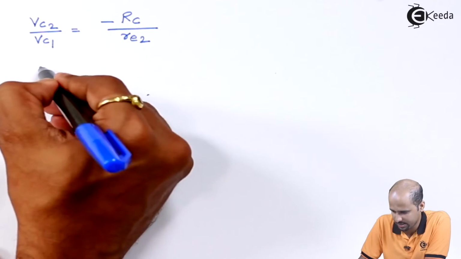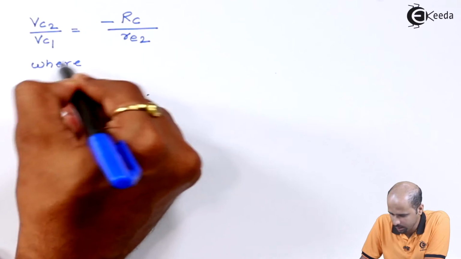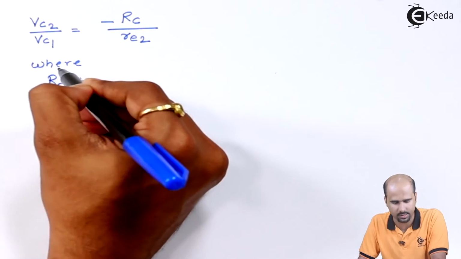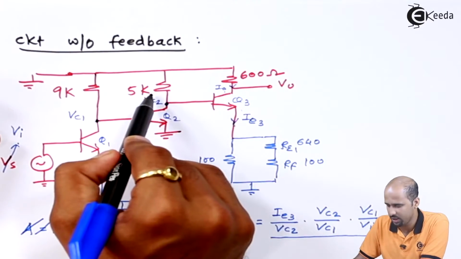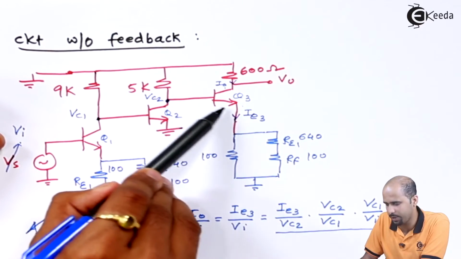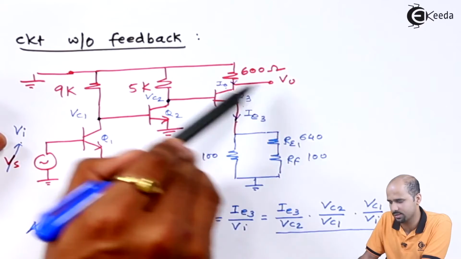What is the value of RC? RC is nothing but 5K. This is 5K in parallel with this combination along with this, right?